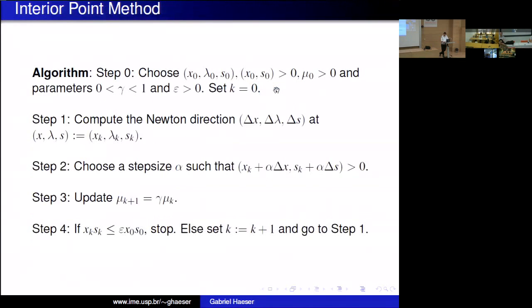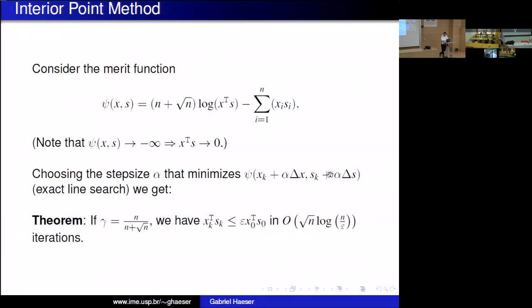In the step size, instead of asking this step size alpha to simply remain feasible, you should choose the step alpha that minimizes some function. So this is unidimensional minimization. Your variable is alpha, and you want to minimize this function phi in this form, and this function is something like this. And the idea of this function is that you can prove that it goes to minus infinity, and this implies that the complementarity holds.